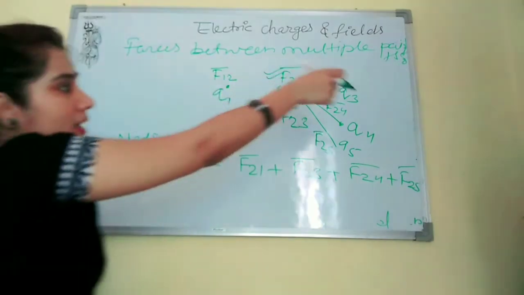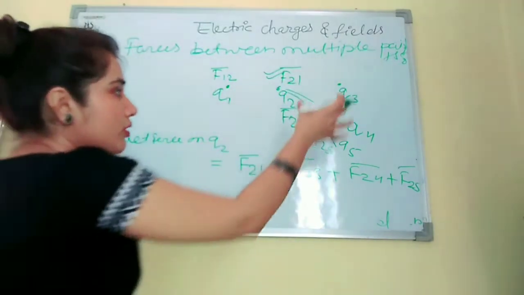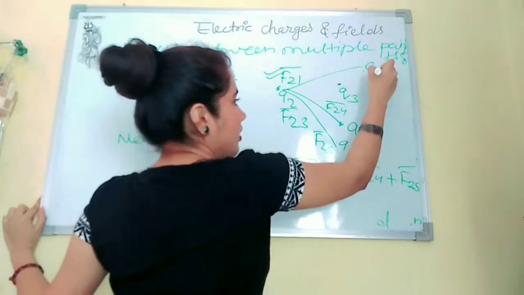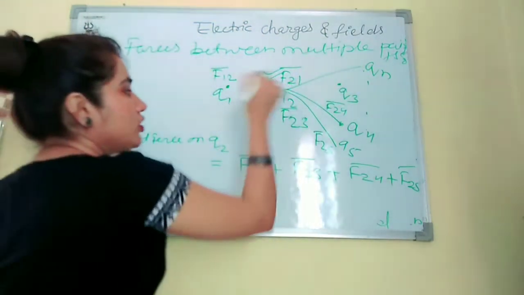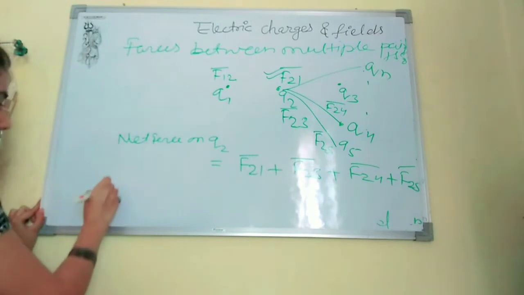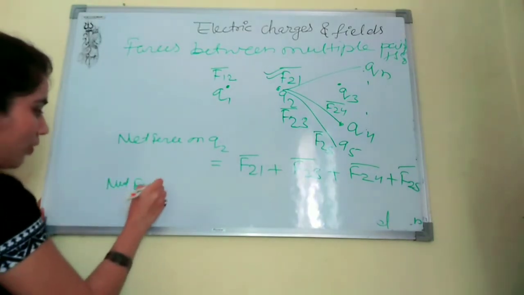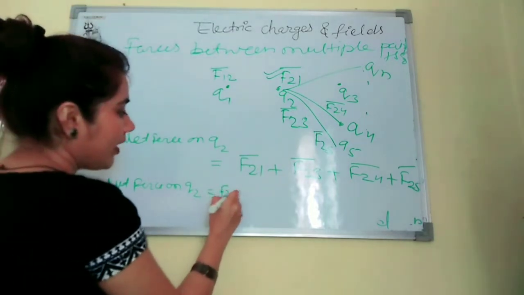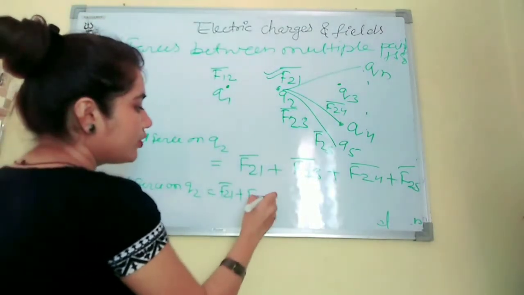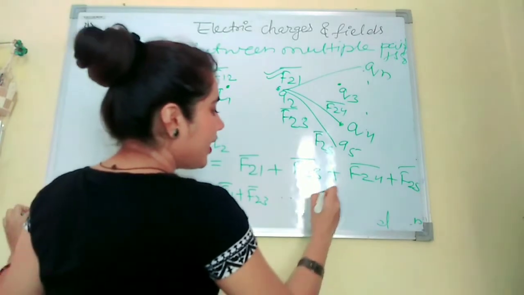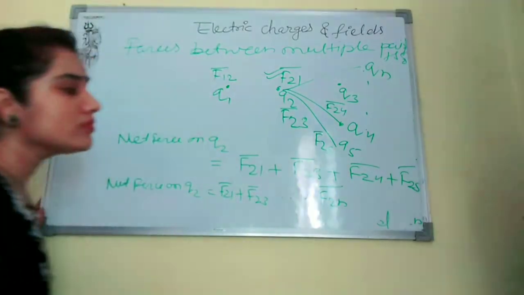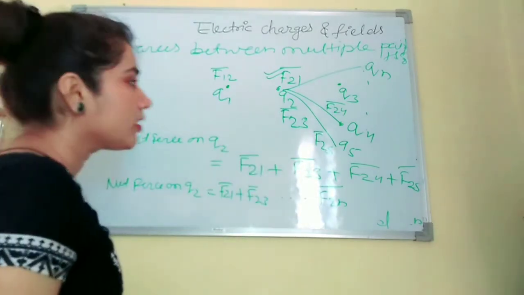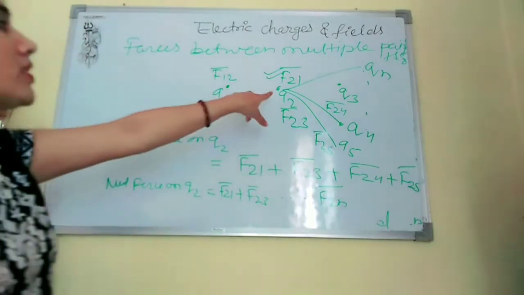If there are n charges applying force on Q2, how will we write the net force on Q2? It will be F21 plus F23 up to F2n, up to F2n because the number of charges is n.